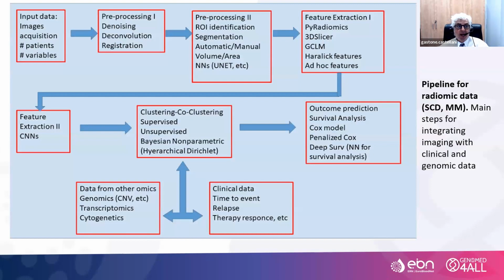This is another pipeline for radiomics. Actually, we implemented this pipeline in GenoMed4All. Basically, this pipeline is also concerned with pre-processing of images. In the case of imaging data, we have to perform heavy pre-processing.